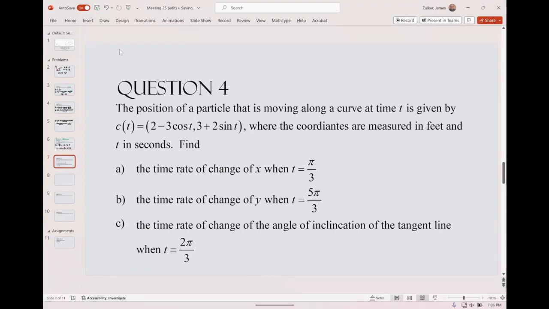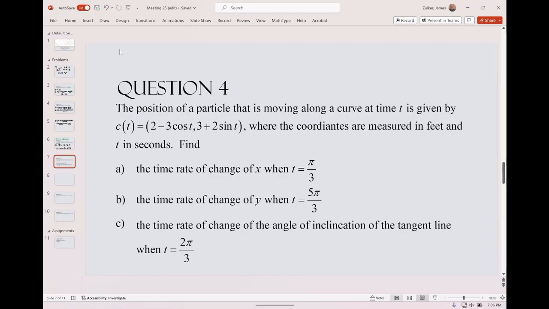Position of a particle that is moving along a curve at time t is given by c of t: 2 minus 3 cosine of t, 3 plus 2 sine of t. Coordinates are measured in feet. Time is measured in seconds. I want to find three things.